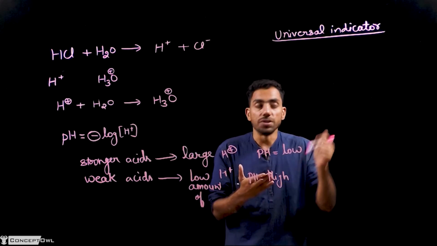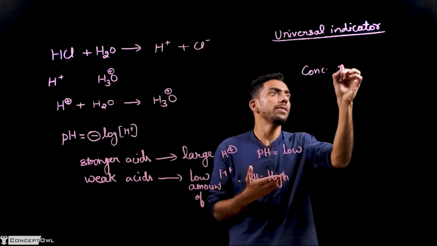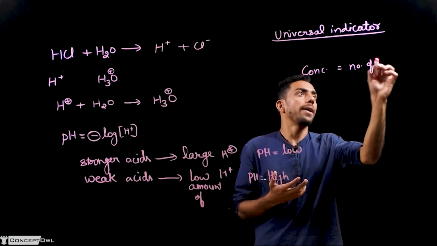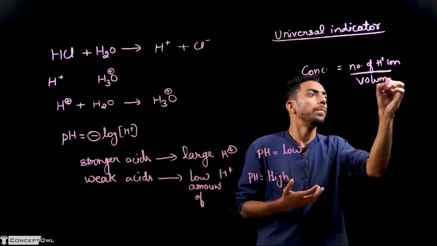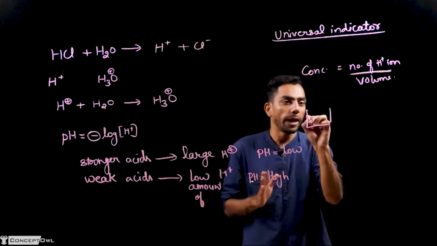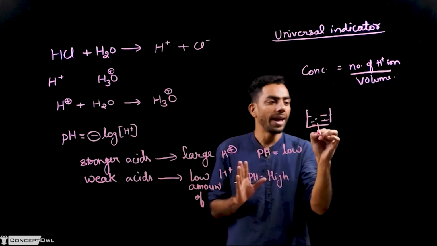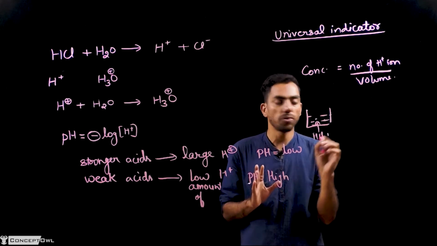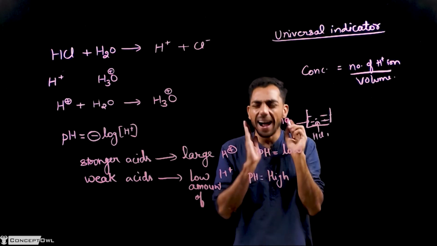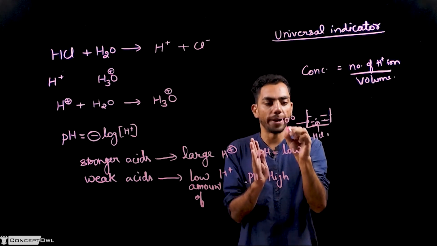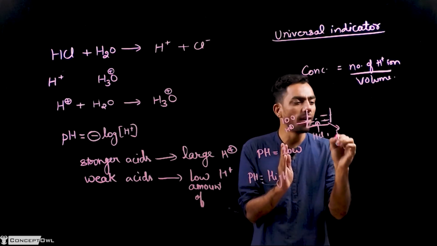So what is concentration? Concentration simply means number of H positive ions per unit volume. Clear? This is our HCl solution, the initial solution. Now imagine we have 100 H positive ions and volume is 1 liter.